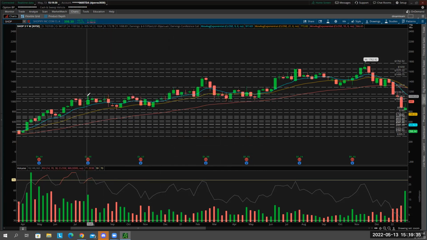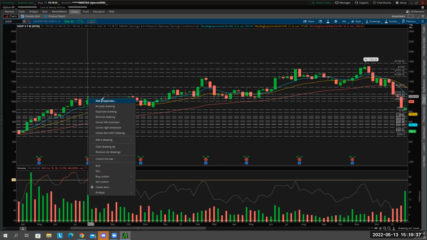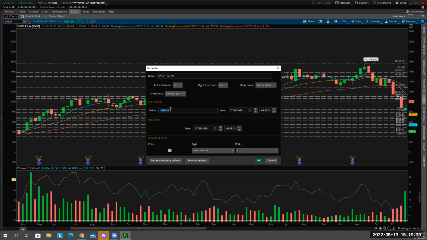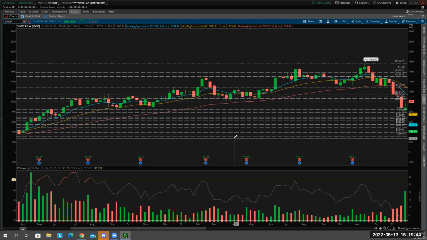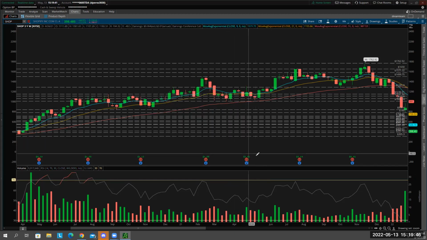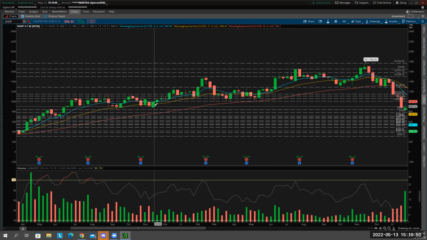Right here, high of this 1107.92. Low here, let's see what this is, 880, 875. So I like the 875. What about this? 896 to 875 seems like a nice support area.